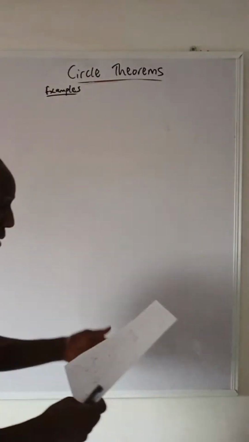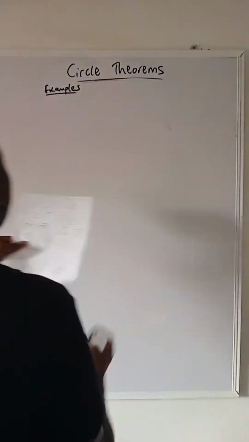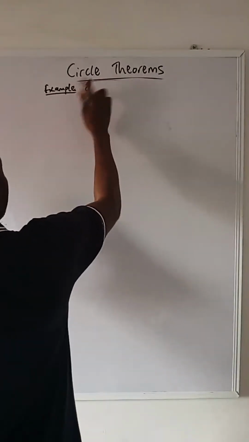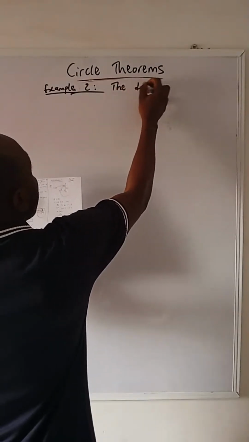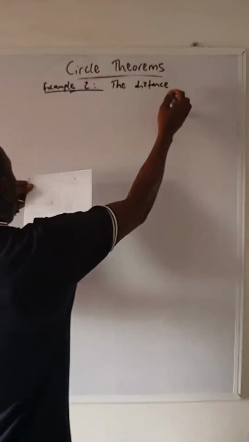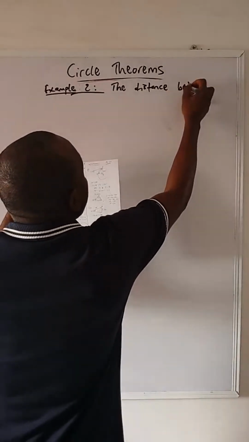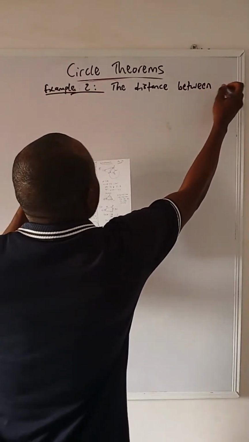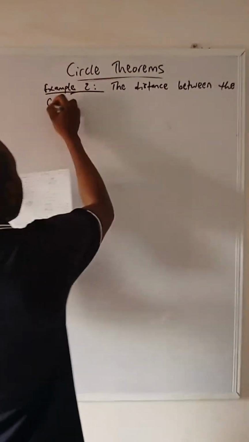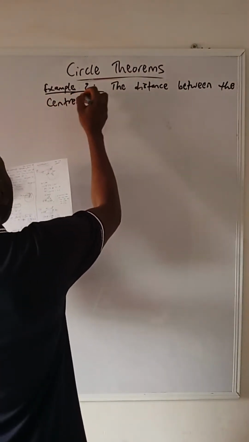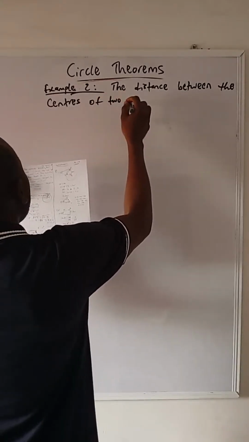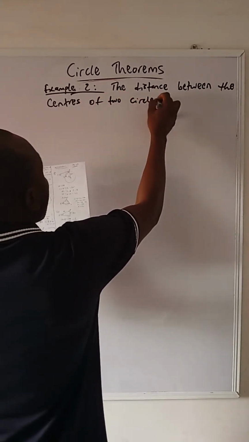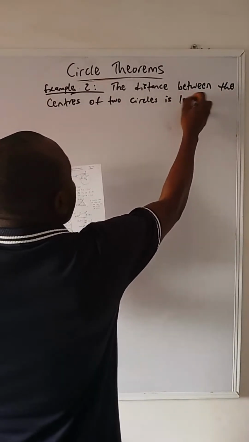So we have another question. This is going to be very interesting. Example 2: The distance between the centers of two circles is 10 centimeters.